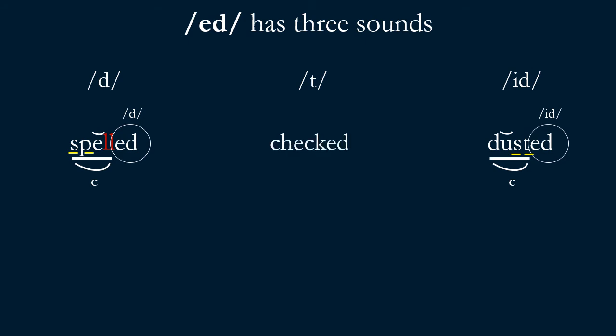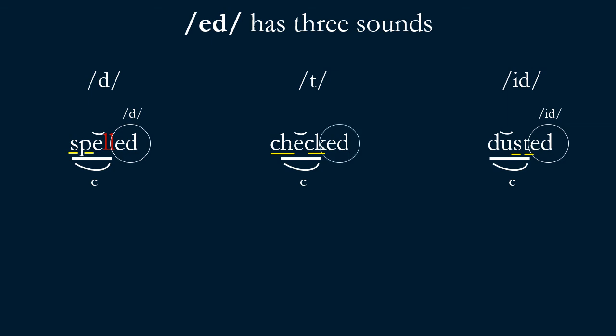Okay, and then let's take a word like checked. Well, checked also has an ED at the end, but it doesn't sound like an ED at all. So we'll underline our base word, check. We'll put a scoop under the syllable, a breve above the E. Okay, it's a closed syllable. We'll underline the CH and the CK because they're both digraphs.